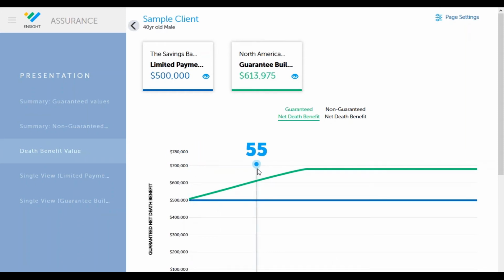On the non-guaranteed basis, I think we'll see that flip. Yeah, sure enough. And this proves what we saw with the cash values earlier, that based on their current values, the IUL is going to outperform the whole life. All right, so that's a comparison you might run for your client.